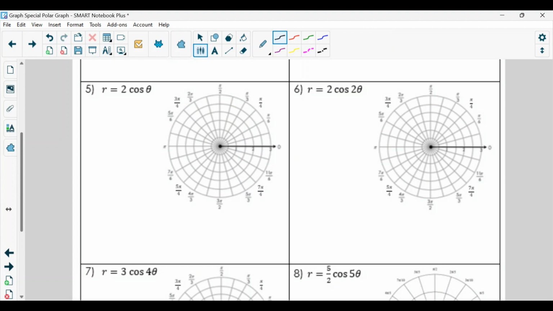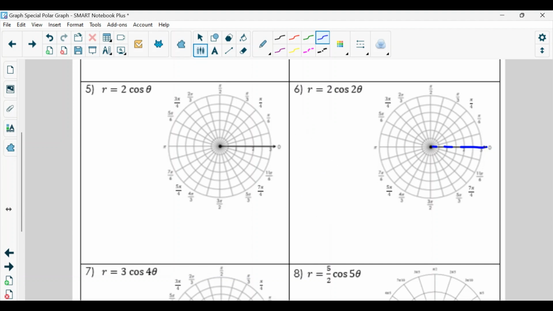I look at number 6, and it's cosine. I know right off the bat that it's cosine, therefore my first petal is going to be on the polar axis, so I know where the first one starts.